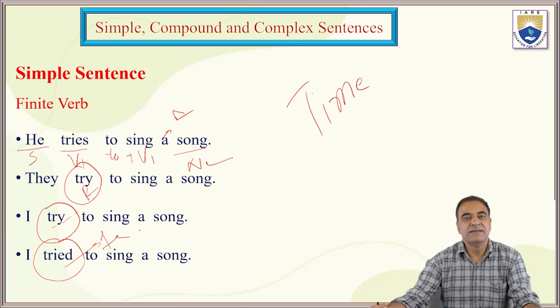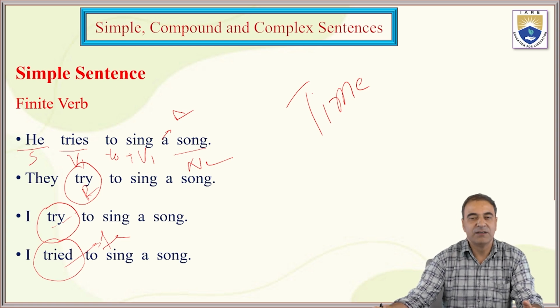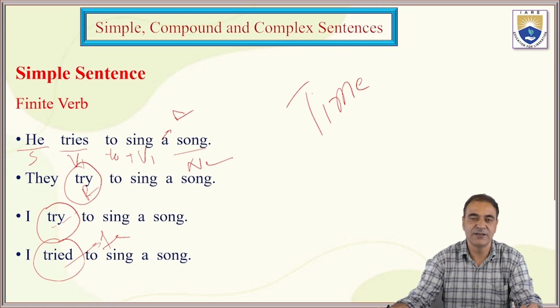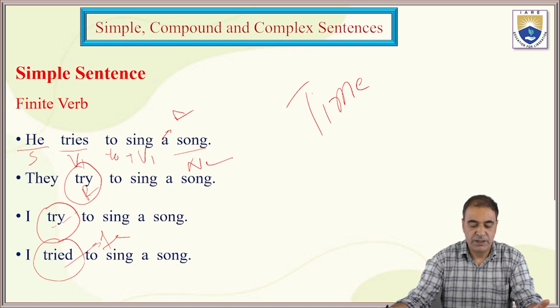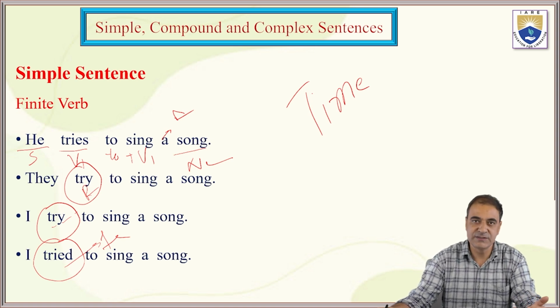In all these sentences, we have the verb tries, try or tried. They're all finite verbs because they show the time of an action. In the first three sentences, it shows the present time, and in the last one, it shows the past time.